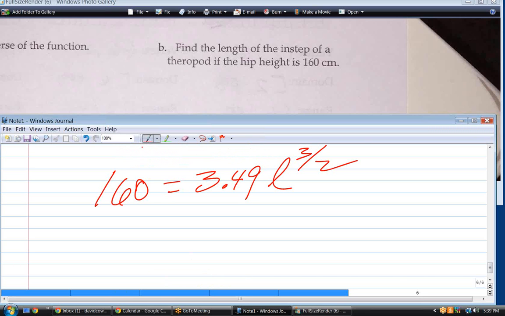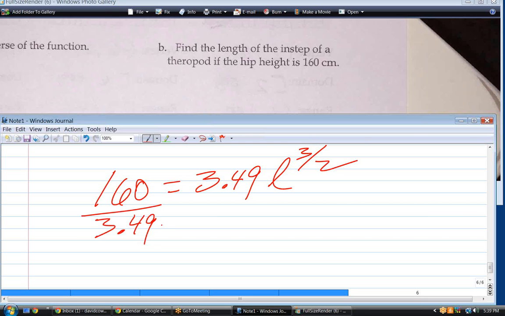How do I do that? You want me to start with the exponent? Do you divide first, like 3.49L? Not by 3.49L. It's just 3.49.